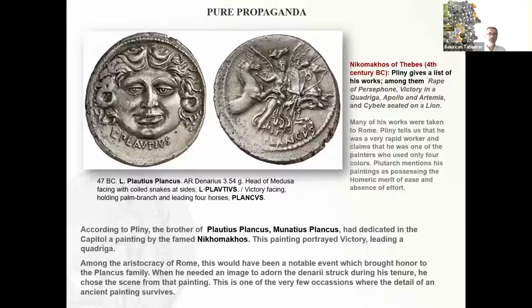Among the aristocracy of Rome, this would have been a notable event which brought honor to the Plancus family. When he needed an image to adorn the denarii struck during his tenure, he chose the scene from that painting. This is one of the very few occasions where the details of an ancient painting survive. And also Pliny tells us a little about this Greek painter.